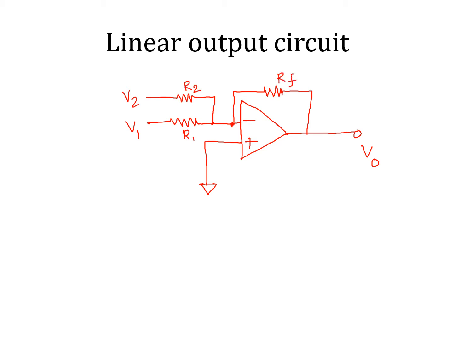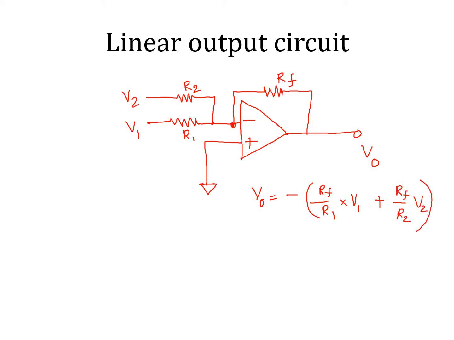resistance. In this circuit, V0 will be equal to a negative sign, because we are using the inverting input, times RF divided by R1 multiplied by the input voltage on the R1 side, that is V1, plus another amplification, RF upon R2 into V2.